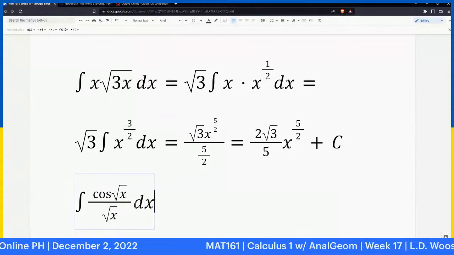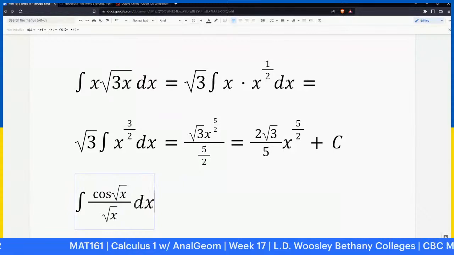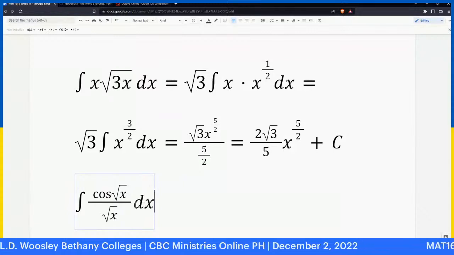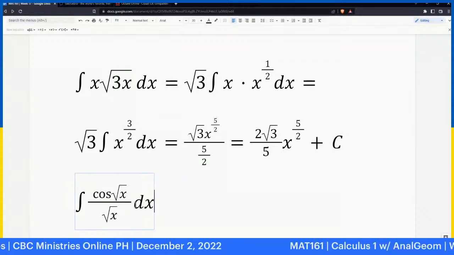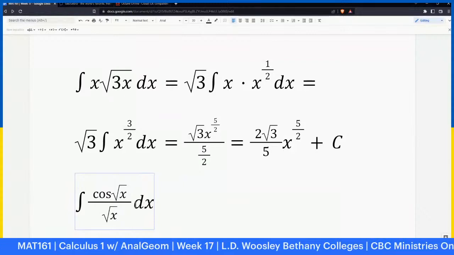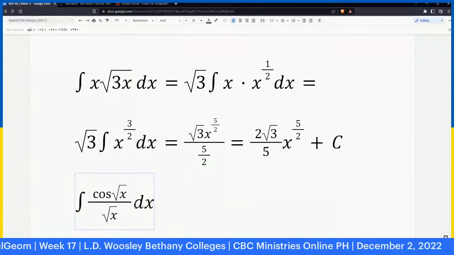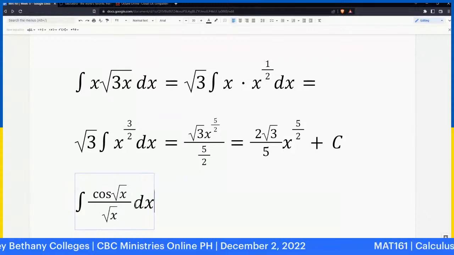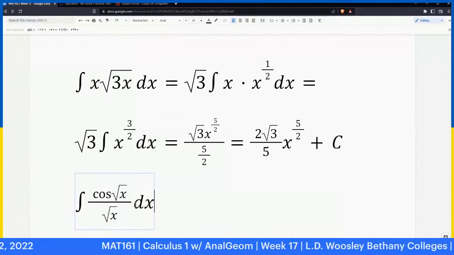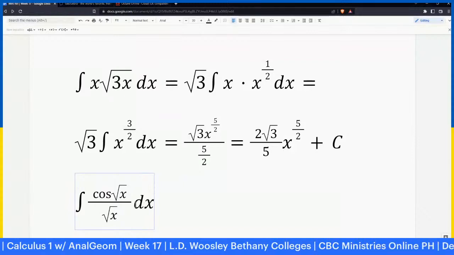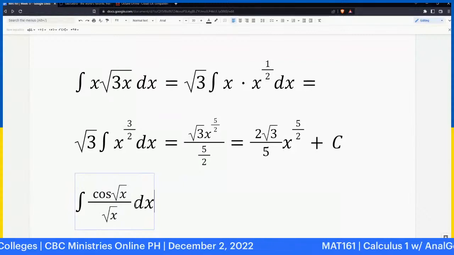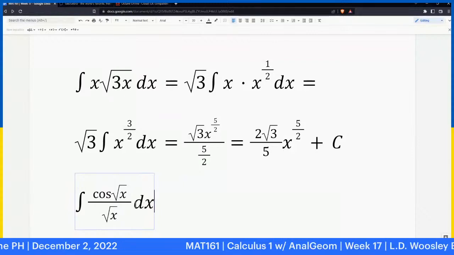Okay, guys. Cosine of square root of x all over x, square root of x dx. Kindly solve that. Okay?